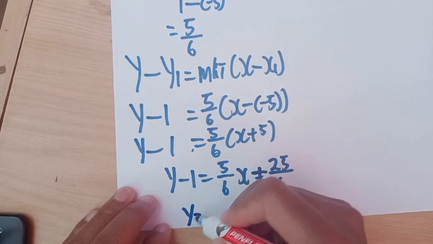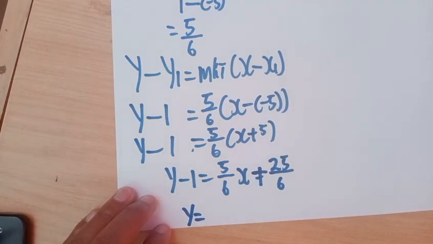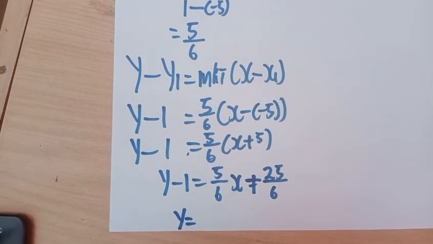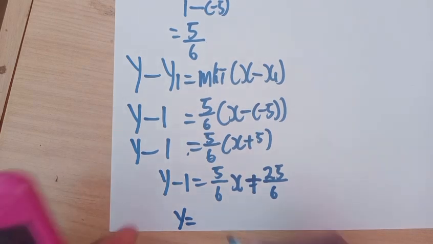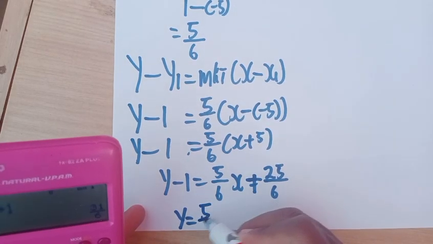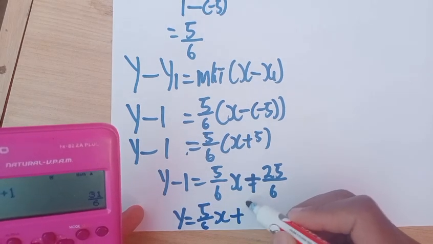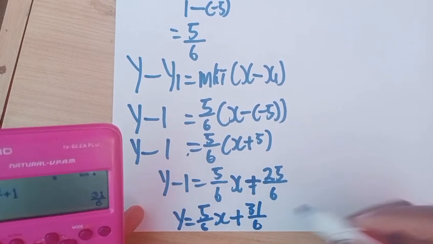And when you say y is equal to, you transpose, 25 over 6 plus 1. Then we'll end up with 5 over 6 x plus 31 over 6.